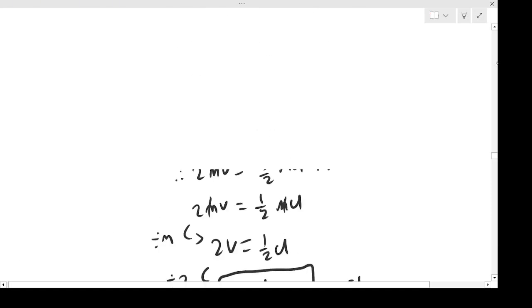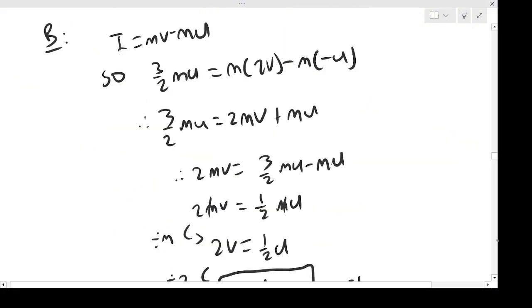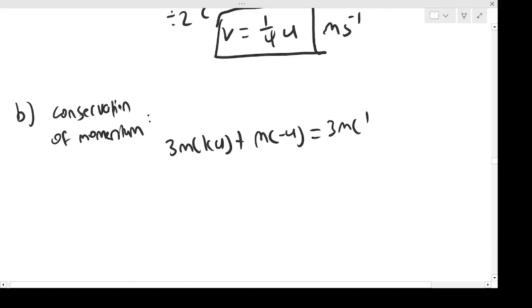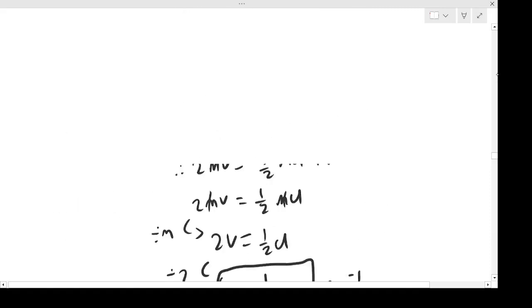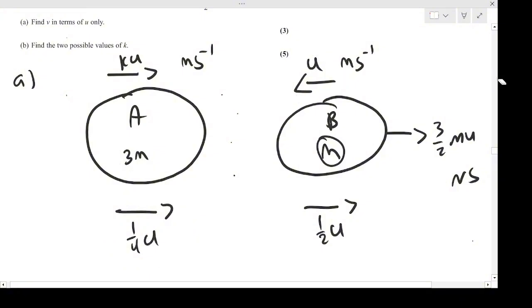And then afterwards, we get 3m lots of the velocity a quarter u, so 3m lots of a quarter u. And then m lots of a half u.